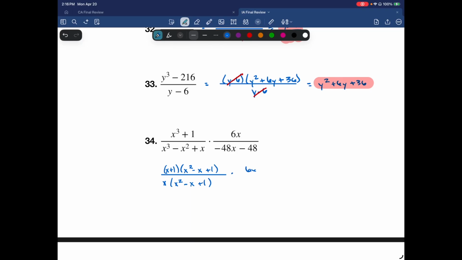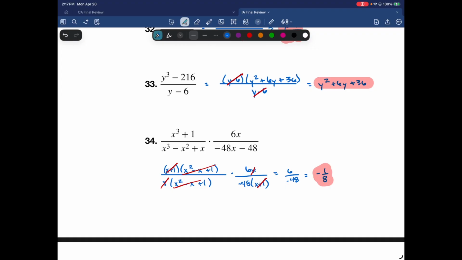On the bottom, I can factor out a negative 48, and it's going to leave me with x plus 1. All right, so here's what I got. I can get rid of the x here. I can get rid of the x plus 1 here. And get rid of that trinomial. And I'm left with 6 over negative 48, which can reduce to negative 1 over 8. Okay. All right, so there you go.